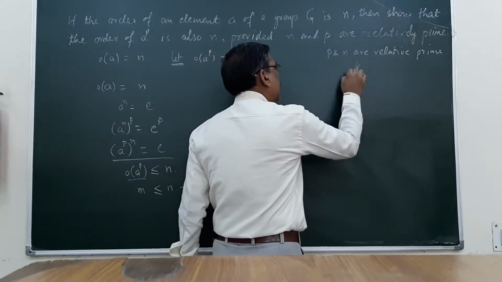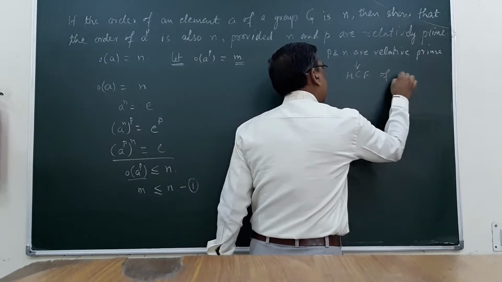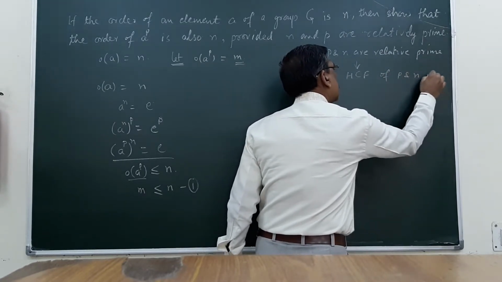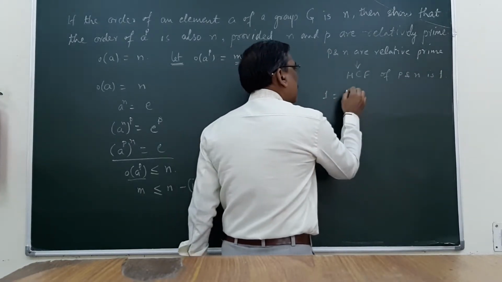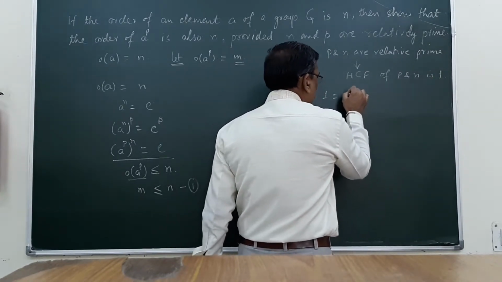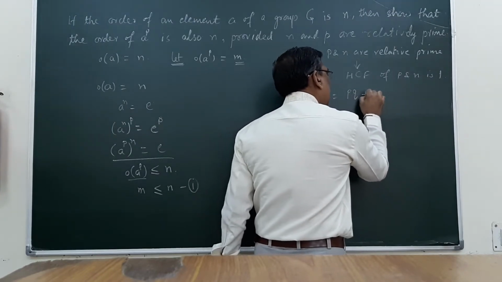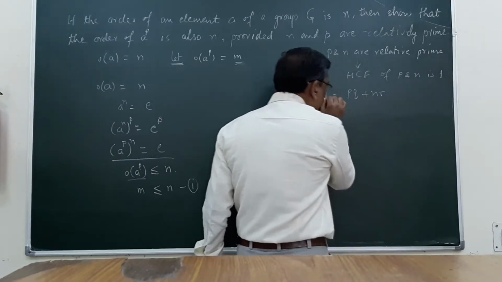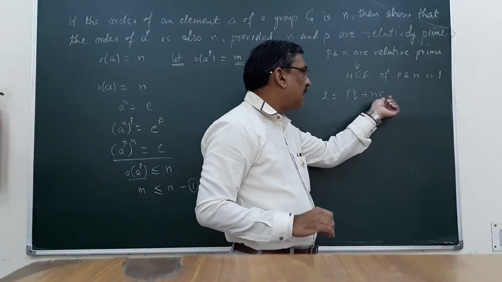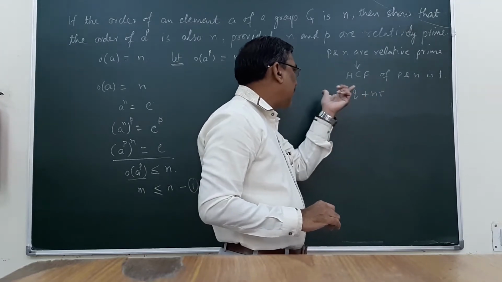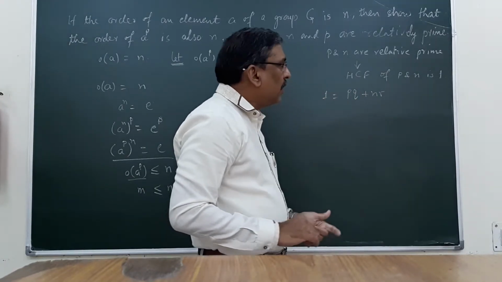So HCF of p and n is 1. Therefore, there exist q and r such that pq plus nr is equal to 1.